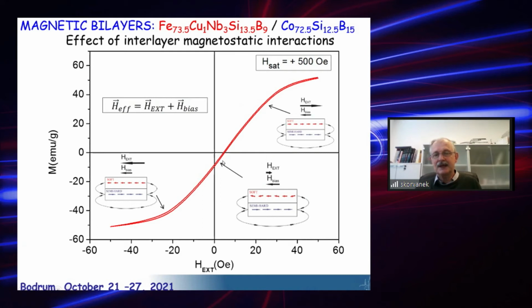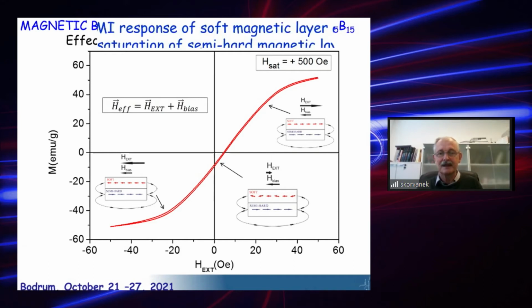And here we have the situation that the external field, which is positive, is smaller than the bias field, which is negative, and even if the field is positive, we have negative magnetization. So this is kind of an explanation of this shift of the hysteresis loop.